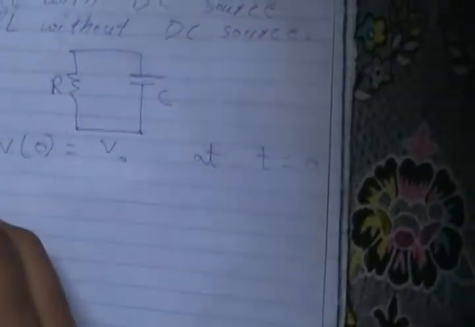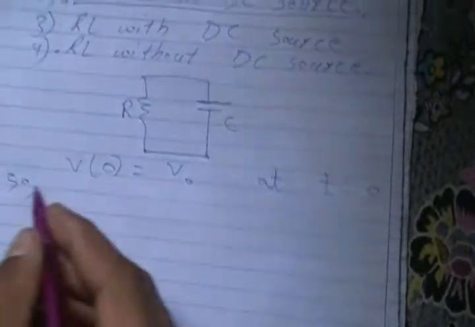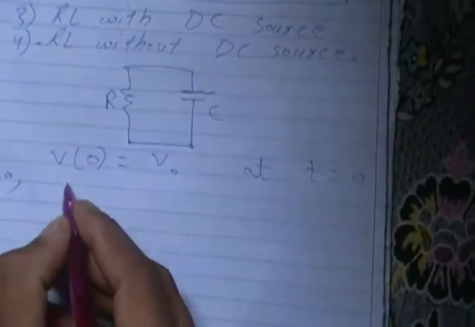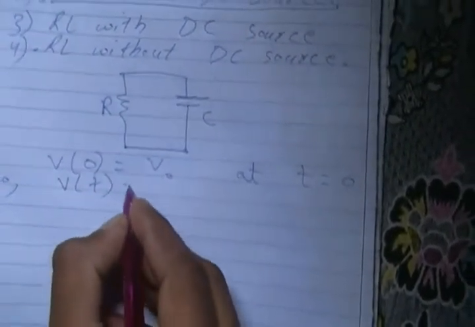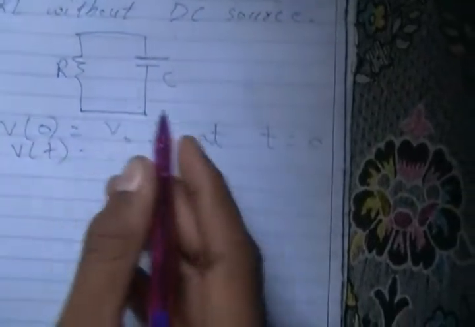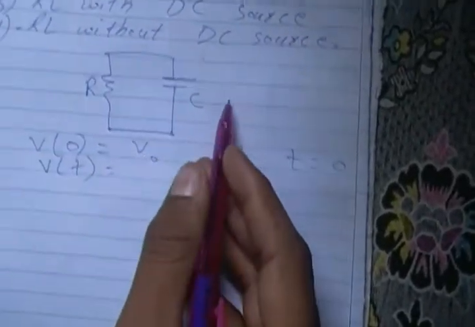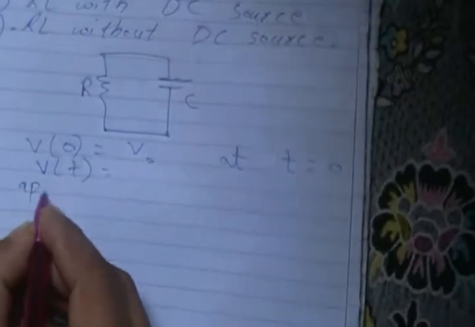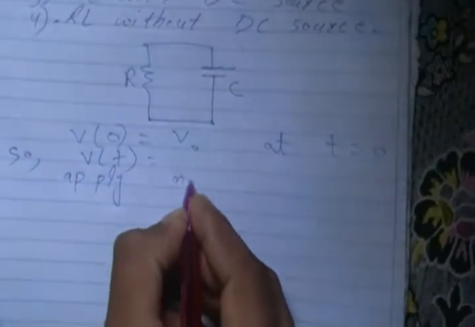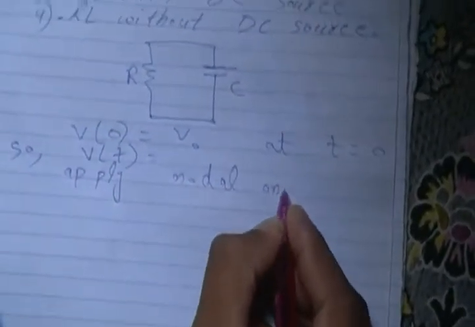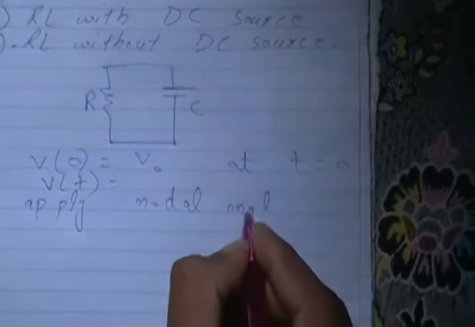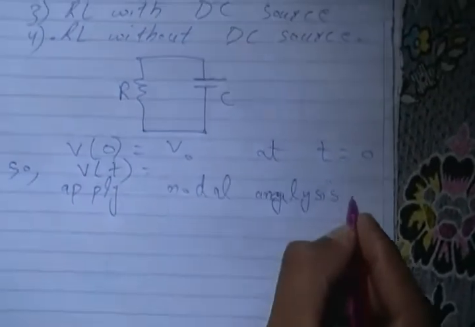So we want to find the voltage of the capacitor at an instant, V of t, at an instantaneous time. To find this, we have to apply nodal analysis on the circuit.